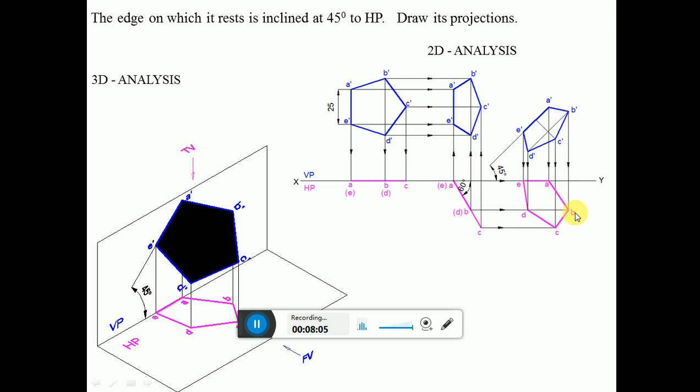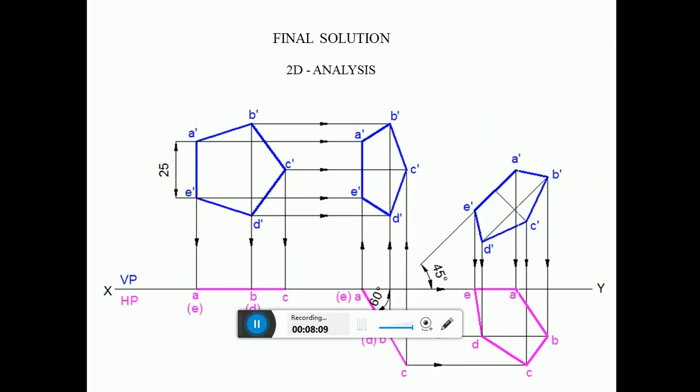So how do I know that my problem is right? Now we can see here a pentagon of 25 mm side is resting on one of its edges on the vertical plane such that the surface makes an angle of 60 degrees to VP. You can see the surface makes an angle of 60 degrees to VP.